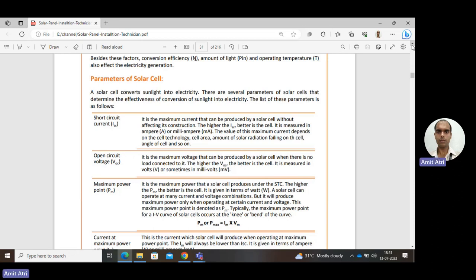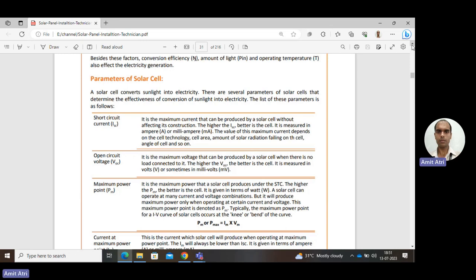A solar cell can operate at many current and voltage combinations. It may not be a fixed voltage and current; there could be different combinations, but it will produce maximum power only when operating at a certain current and voltage. That current and voltage we denote by Im and Vm, the current at maximum power and the voltage at maximum power.